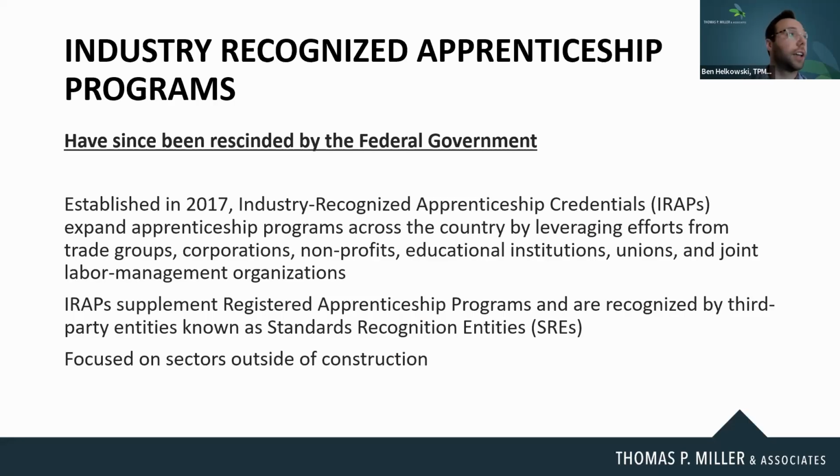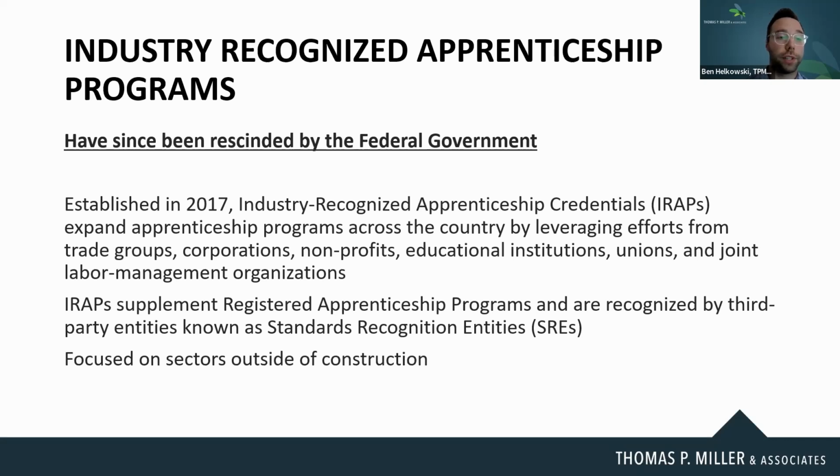So the last type of registered apprenticeship program that we are going to look at is industry recognized apprenticeship programs. A very important note about these is that they have recently been rescinded by the federal government. Nonetheless, we feel that they are important to cover as they were previously a part of the apprenticeship system. So established in 2017, industry recognized apprenticeship credentials and programs expand apprenticeship programs across the country by leveraging efforts from trade groups, corporations, nonprofits, educational institutions, unions, and joint labor management organizations.